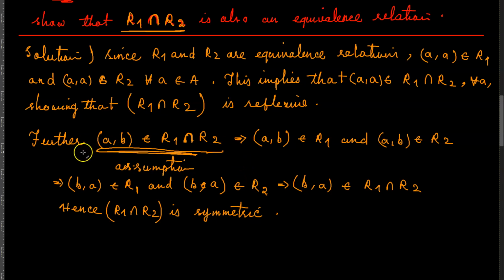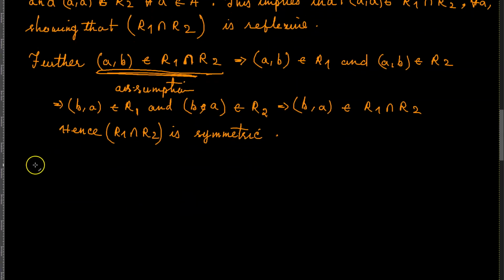Now all that you need to show is that R1 intersection with R2 is transitive, right? So similarly, we can make the same assumption again: (a, b) belonging to R1 intersection with R2.